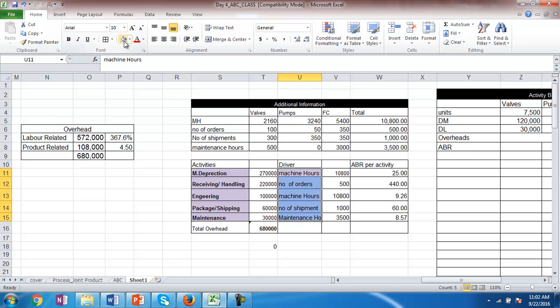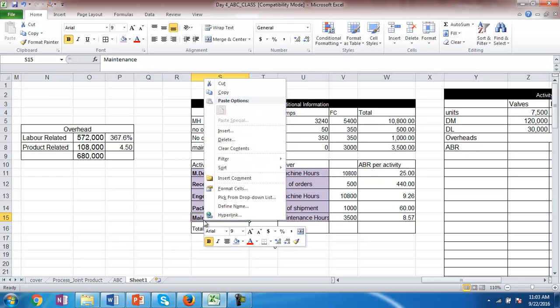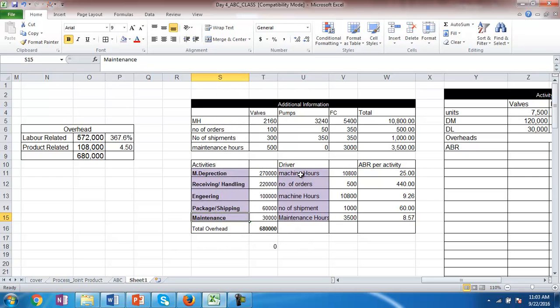So based on discussion and observation, we saw that the machine depreciation is driven by machine hours, receiving and handling are driven by the number of orders, engineering activity is driven by the machine hours, packaging and shipping depend on the number of shipments, and maintenance hours drive the maintenance. And using these drivers and the number of hours, number of orders, number of shipments, we find the activity absorption rate. So for each activity we determine the rate.